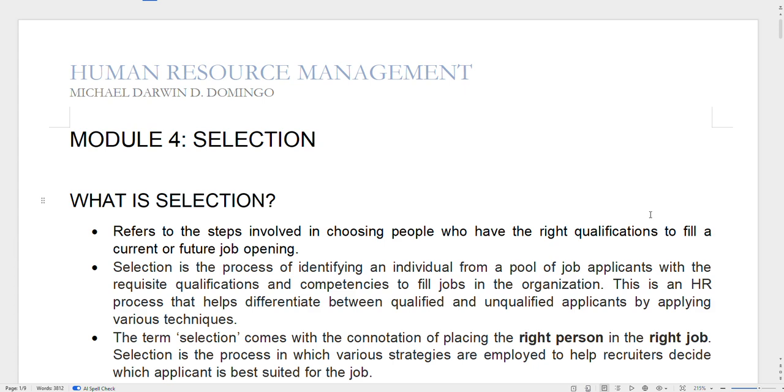So what we do here is look for the persons who possess the qualifications that the job is looking for. That's why in selection, it's said to be a process wherein we use various strategies to help recruiters decide which applicant is best suited for the job.